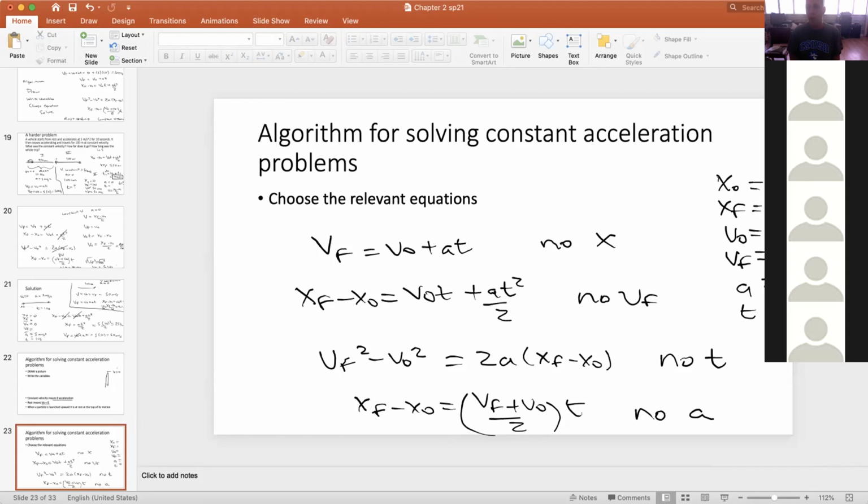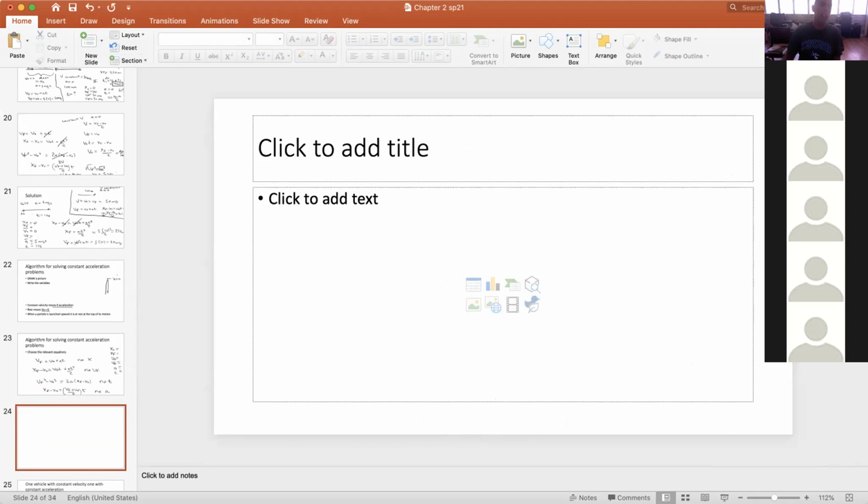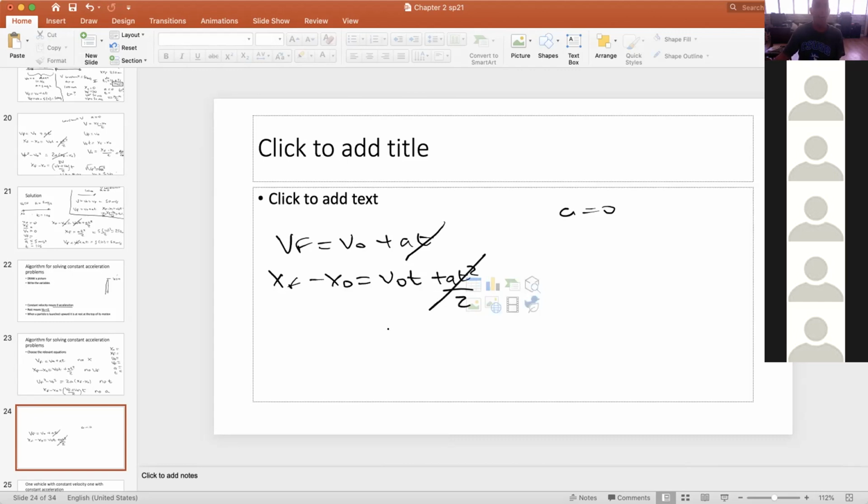So in the last problem, we had no x and no v final. A was 0. I shouldn't say we don't have it. If you have constant velocity, you know A is 0. If v final is equal to v initial plus at, but you have constant velocity and A is equal to 0, these equations simplify a lot, because if A is 0, they go away.